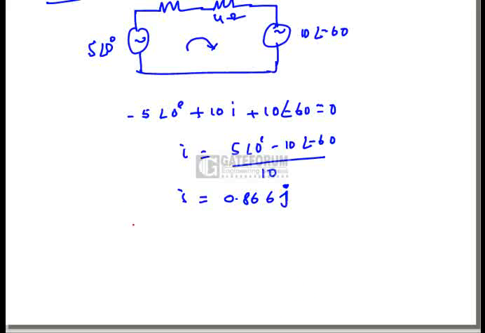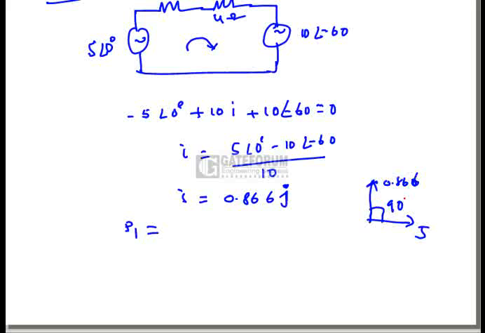Now we have to find the power delivered by each source. The power delivered by source 1 is P1 equals V1 I1 cos phi. The voltage here is 5 at an angle 0, in phasor form, and the current is leading, with magnitude 0.866.